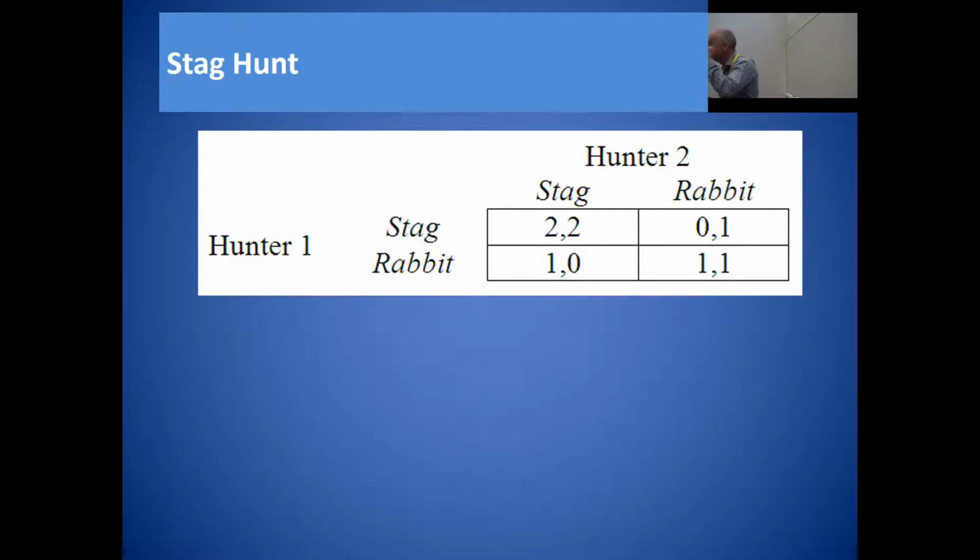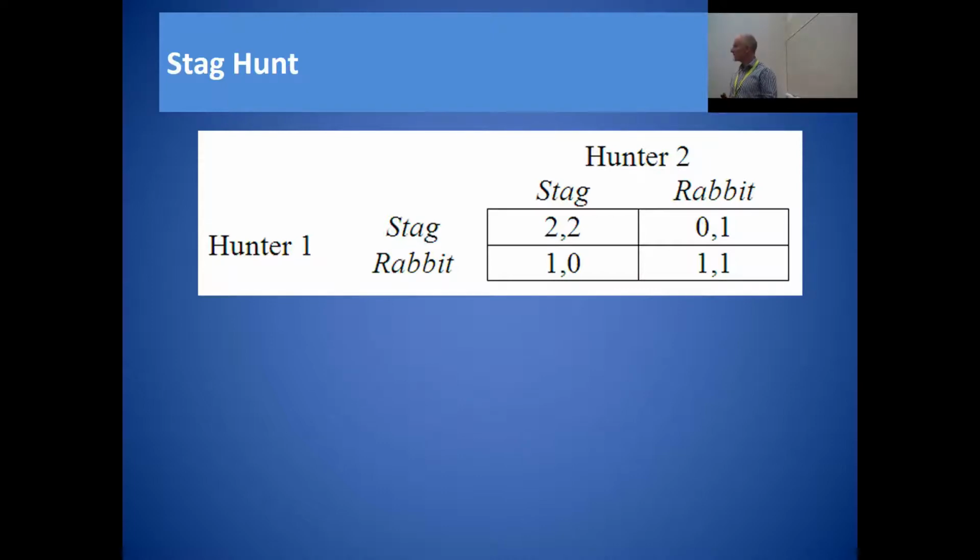Either player gets the least preferred outcome, that payoff of 0, when he would pursue the stag whilst his fellow hunter pursues the rabbit. That's the least preferred payoff. So that is just putting these numbers there to represent this game in normal form. That is the nature of this game, the stag hunt.